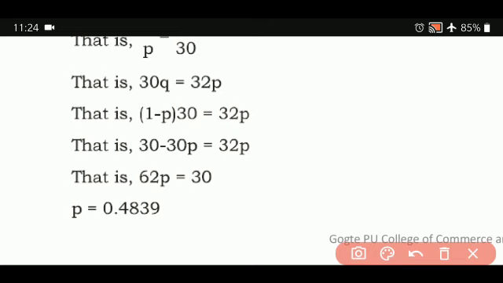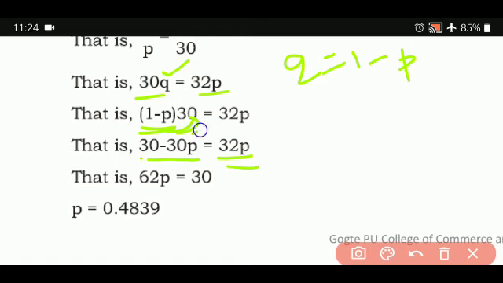Cross multiply. You get 30Q is equal to 32P. You want the value of P, so you change this Q in terms of P. Q is 1 minus P, which we have written here. 1 minus P into 30. So you multiply this, 30 into 1, 30 into P. So 30 minus 30P is equal to 32P. Then this 30P you take to the right hand side.